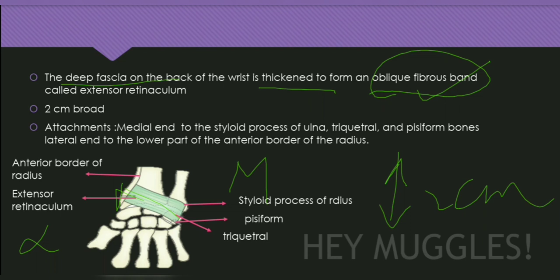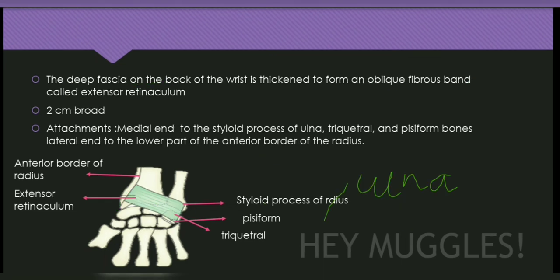Coming to the attachments of your extensor retinaculum. The medial end of your extensor retinaculum is attached to the styloid process of ulna. This is your styloid process of ulna. I'm sorry, this is not radius, this is ulna. Then we have the triquetral bone. Here we have extensor retinaculum, the structure in green.